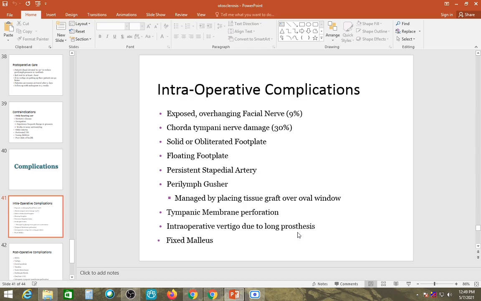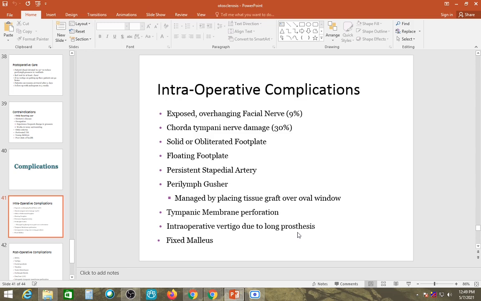Then persistent stapedial artery; perilymph gusher, managed by placing a tissue graft over the oval window; tympanic membrane perforations; or intraoperative vertigo due to a long prosthesis and fixed malleus. Those are the complications, and we have to be very careful.